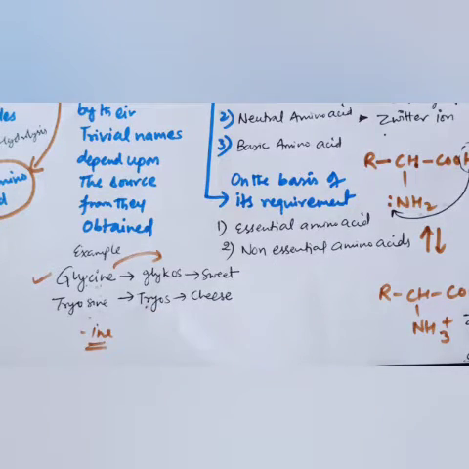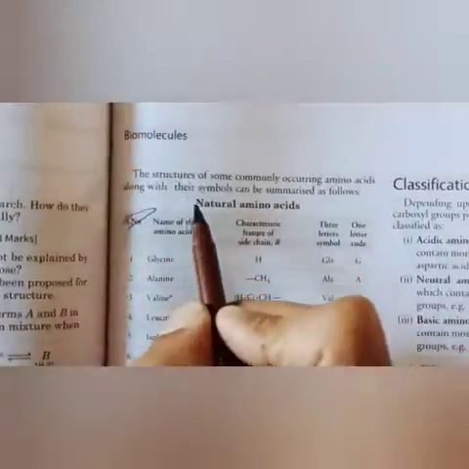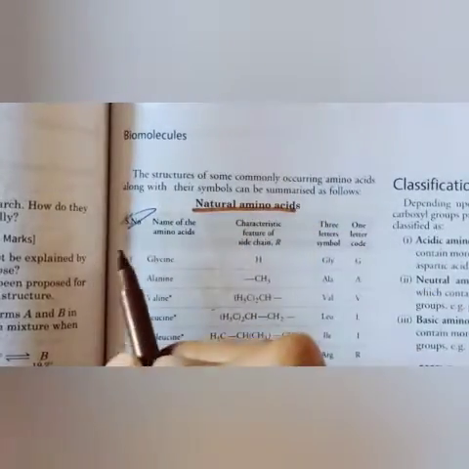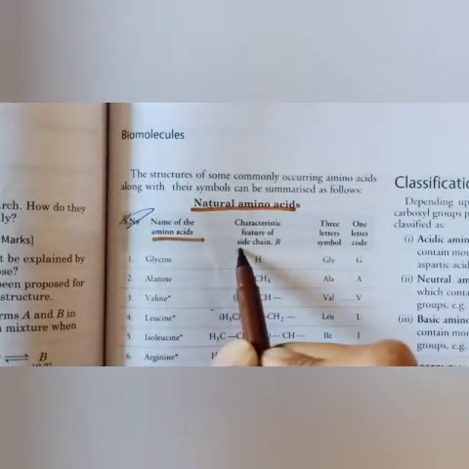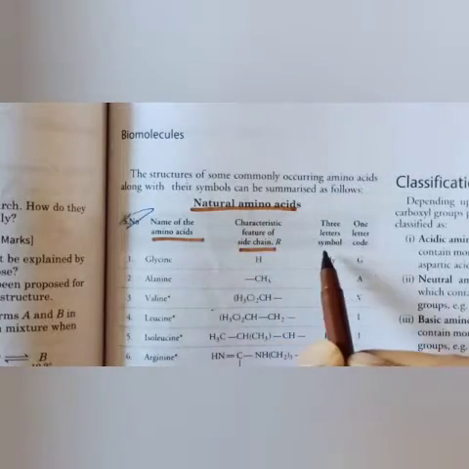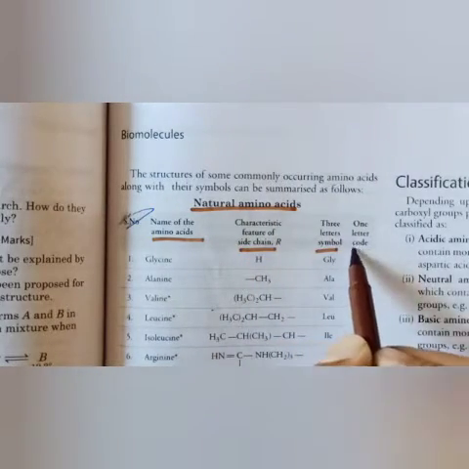Similarly, I will share a picture of this table with you so that you can understand the natural amino acids, their names, characteristic features with side chain, their 3-letter symbol and their 1-letter code.